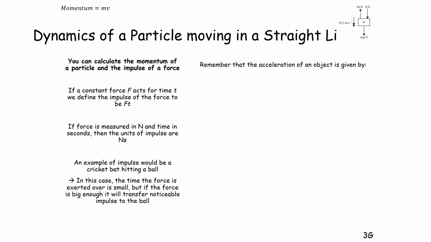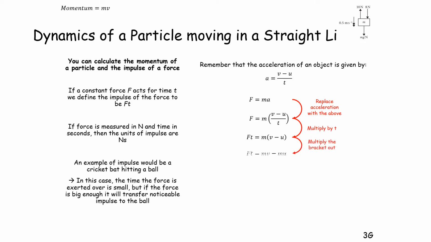So remember, the acceleration of an object is given by a equal to v minus u over t. So F equal to ma. If we replace the a with v minus u over t, multiply by t, and expand the bracket, we can see the force times time is equal to impulse.